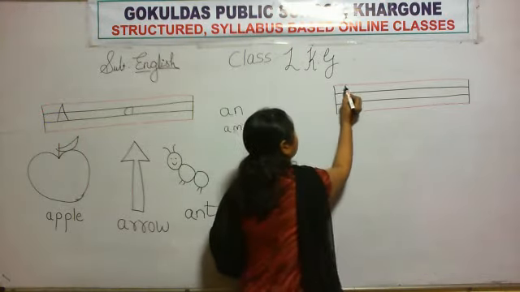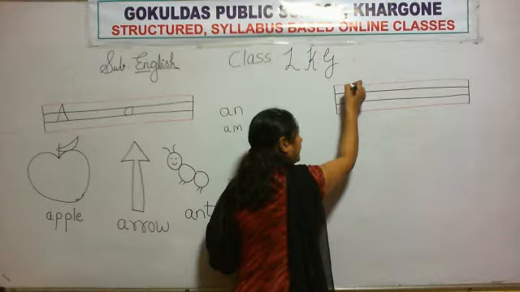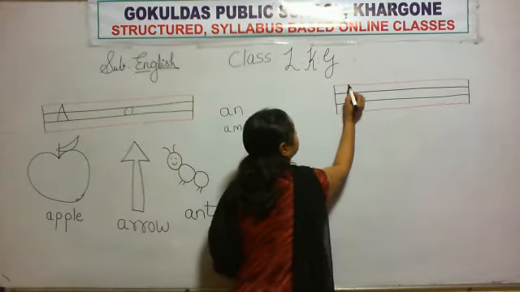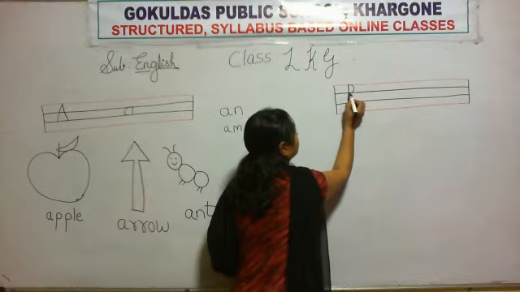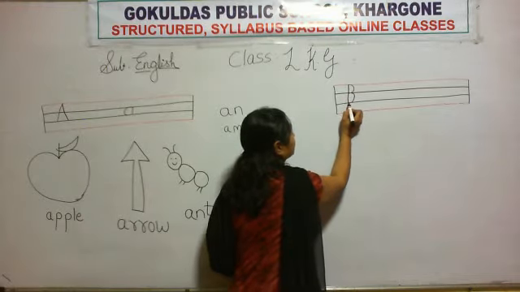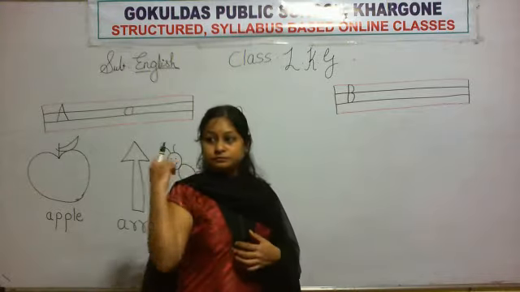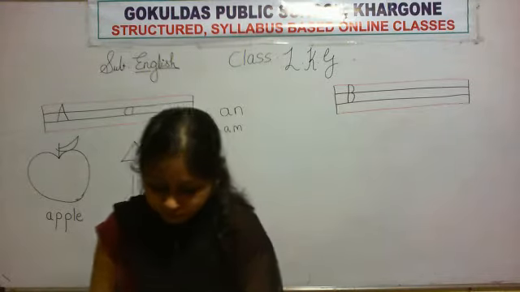Okay? Start from headline to base line. Standing line, half curve, half curve. What is this? B. B for?